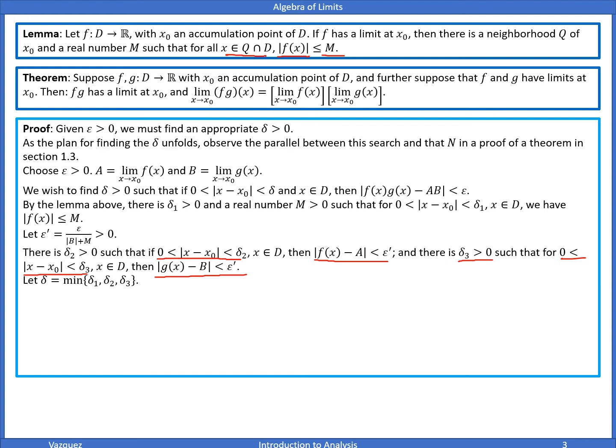So delta 1 is up here, delta 2 for f is this one, and delta 3 is this one.